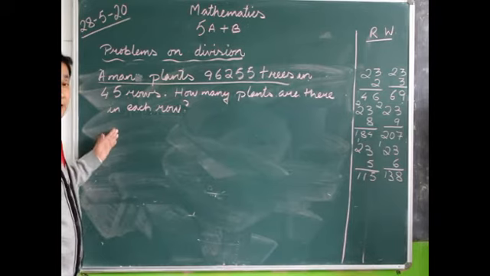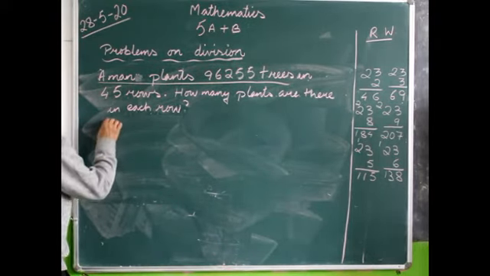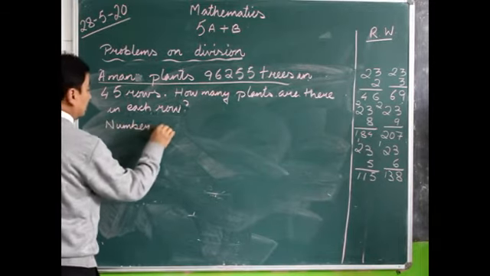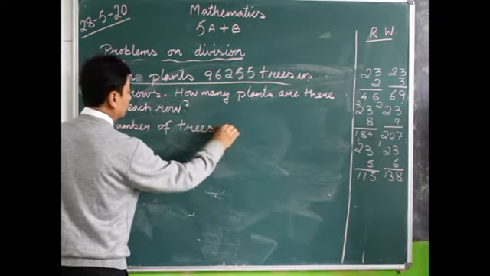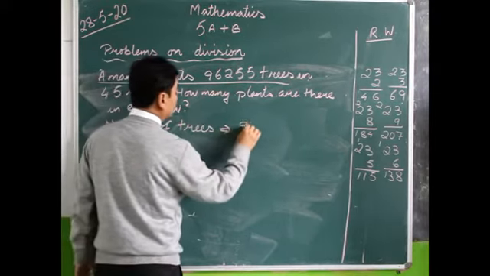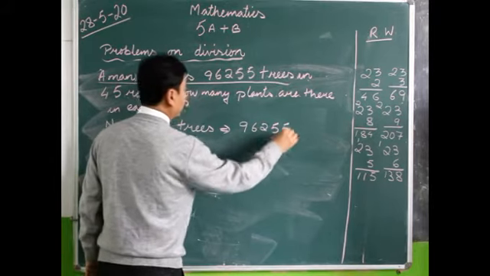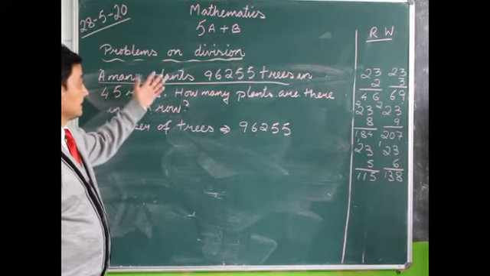So we can begin the statement by saying number of trees. Very good. Number of trees. How many? 96,255. Remember, in your self-assessment test also, you will be getting sums like these.